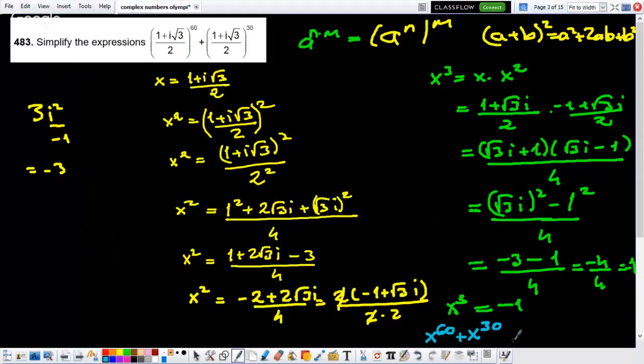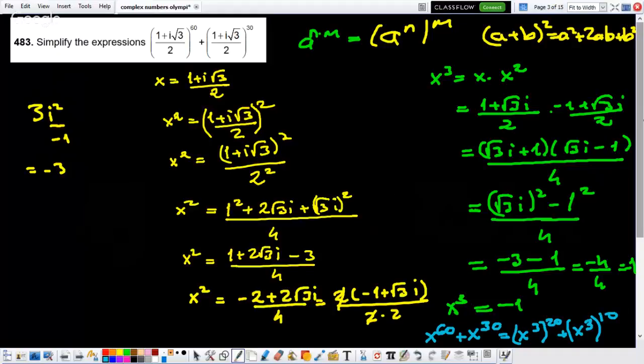Okay, then x to the power of 60 is going to be equal to x to the power of 3 to the power of 20 plus x to the power of 3 to the power of 10. 3 times 20 makes 60, 3 times 10 makes 30.